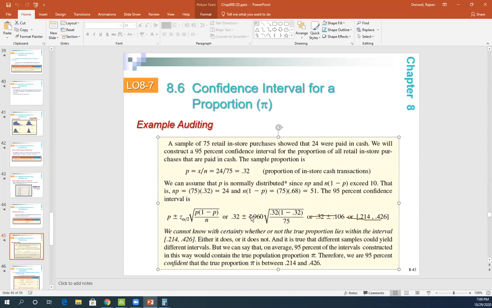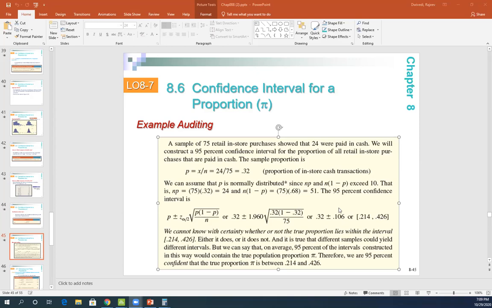The Z value for 95% is 1.960. Square root of 0.32 times (1 minus 0.32) divided by 75. If we do all this calculation, we get 0.32 plus minus, which is 0.214 to 0.426.